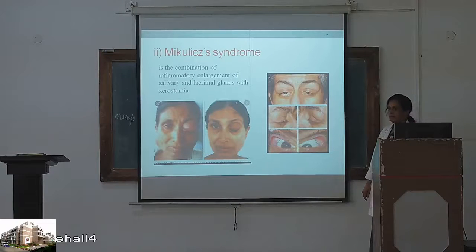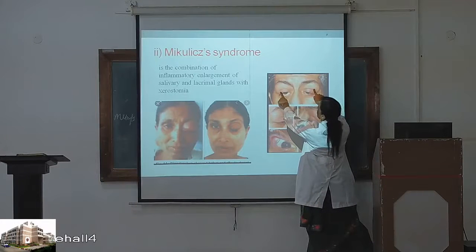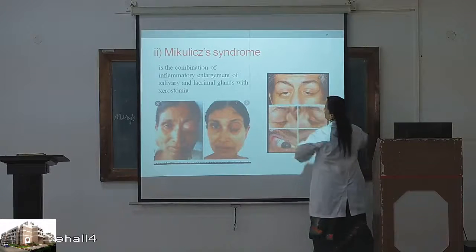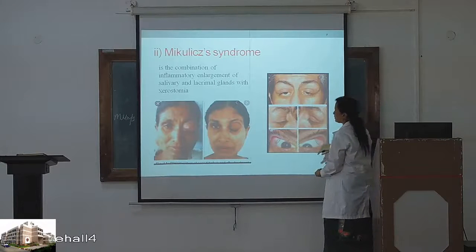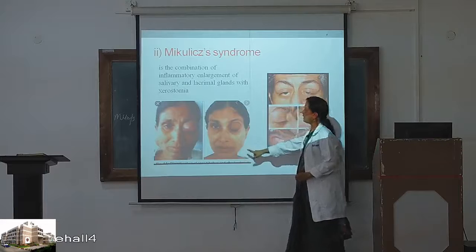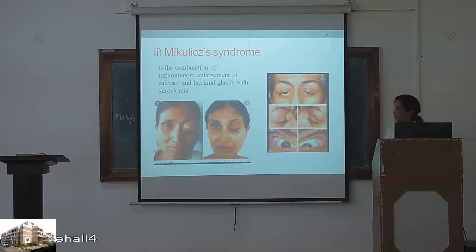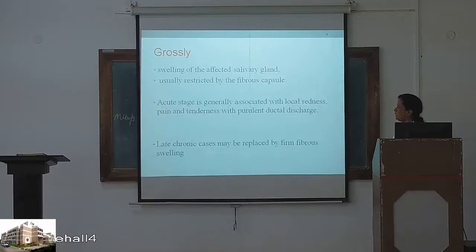Autoimmune cause for sialadenitis. Then Mikulicz syndrome, where you can see the lacrimal glands enlarged, symmetrical, bilateral, along with xerostomia, the dry mouth, and enlargement of the salivary gland. So this is Mikulicz syndrome, a combination of inflammatory enlargement of salivary and lacrimal glands and xerostomia, usually bilateral.